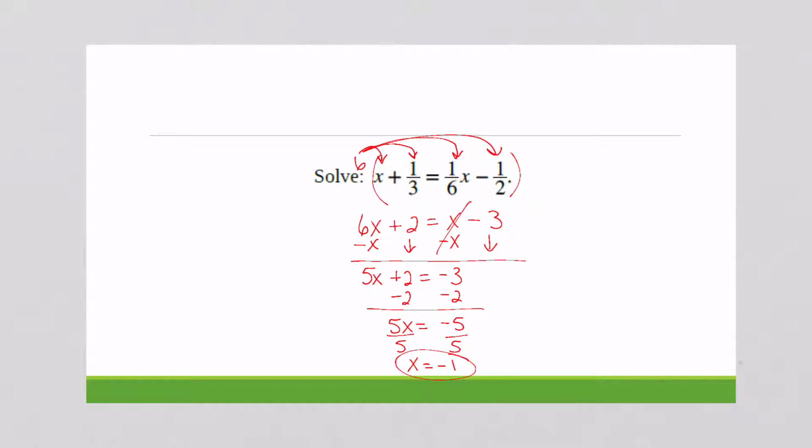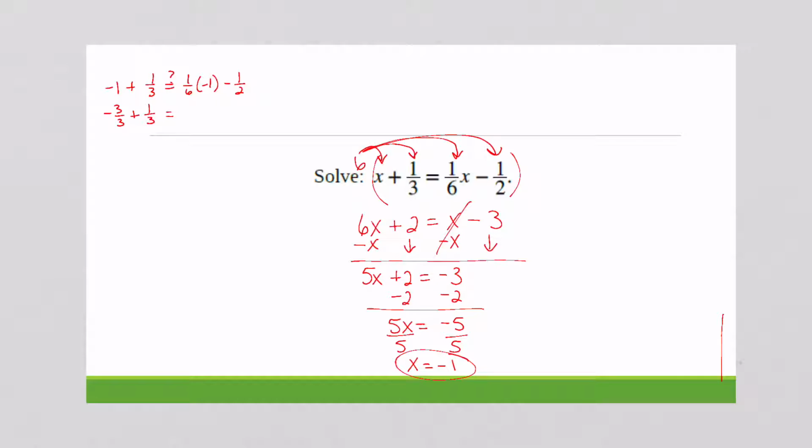So, check your work. So I've got negative 1 plus 1/3. Is that equal to 1/6 times negative 1 minus 1/2? So, negative 1 plus 1/3, I can write that as negative 3 over 3 plus 1/3.